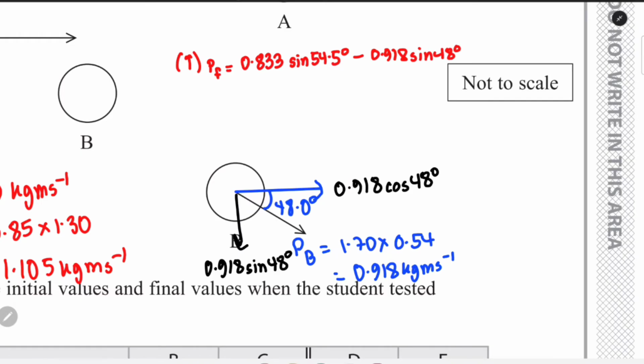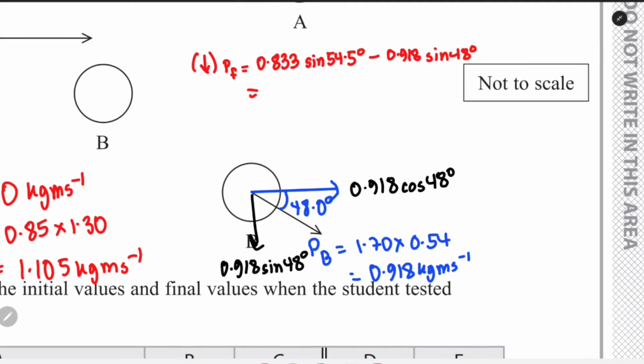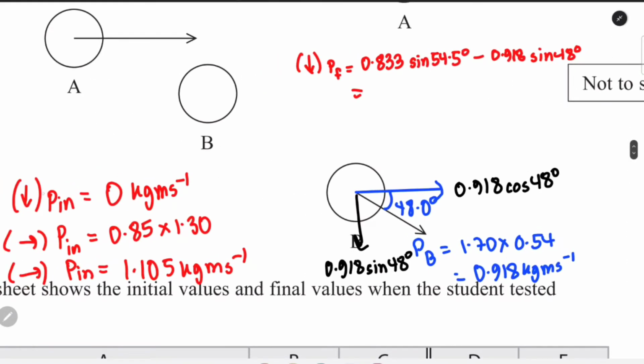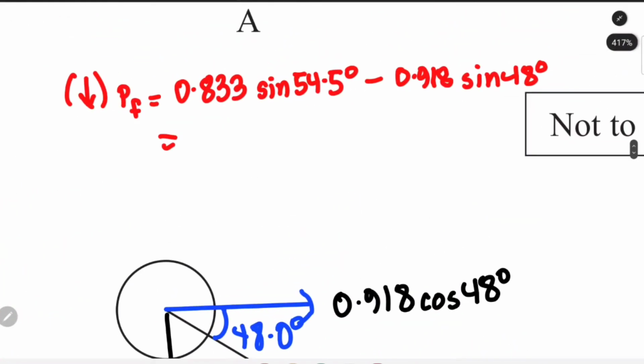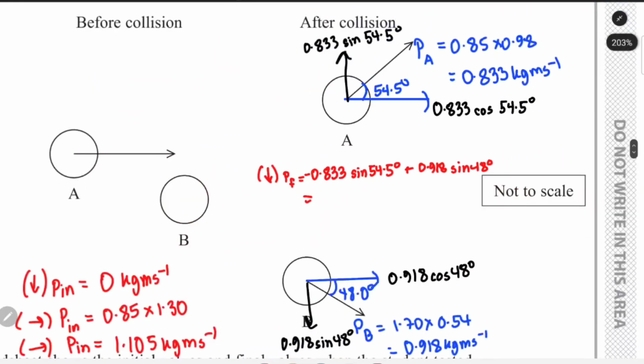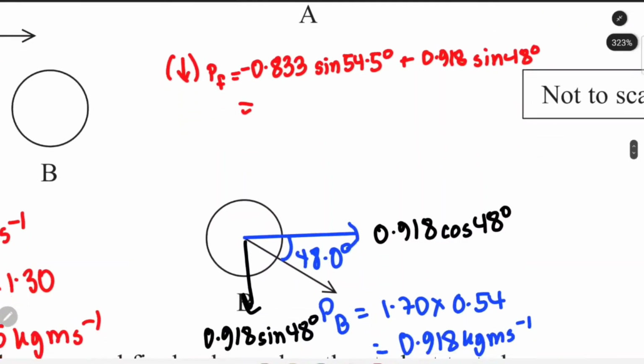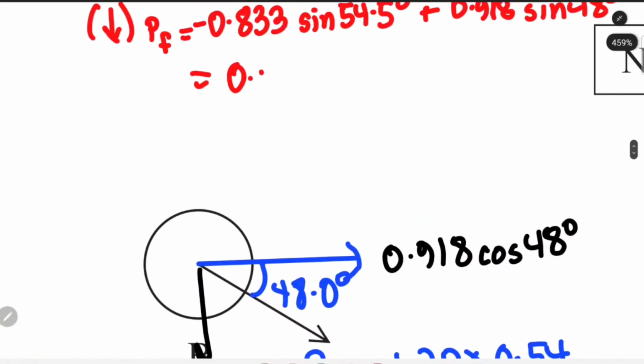This value when calculated comes out to be minus, so this is downwards. I'll change this arrow over here as well, since it doesn't really matter since it's 0. This is flipped, so this is positive and this is negative. Upwards is negative. This value will come out to be 0.00405. This is almost 0.